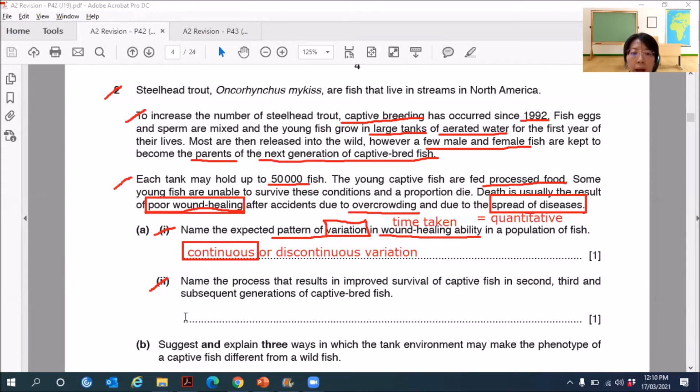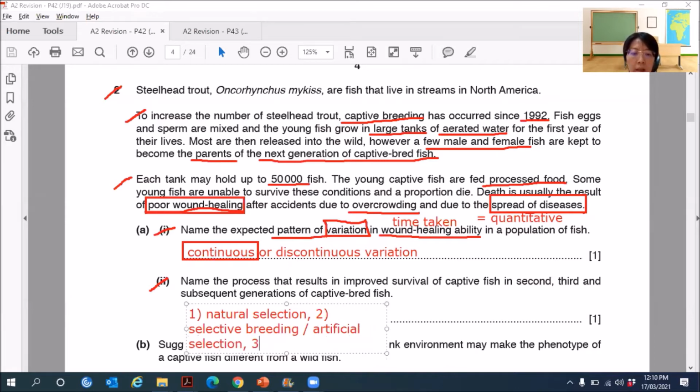You learned that there are three main processes that can lead to a change in the gene pool of a population. The first one is natural selection, the second one is selective breeding, which is also called artificial selection, and the third one is genetic drift.